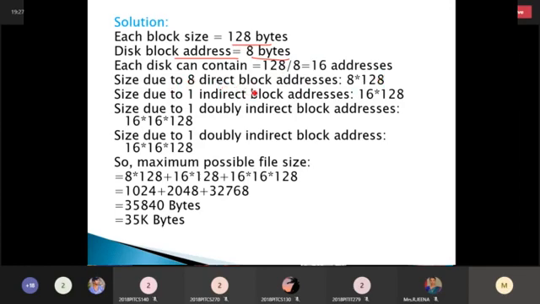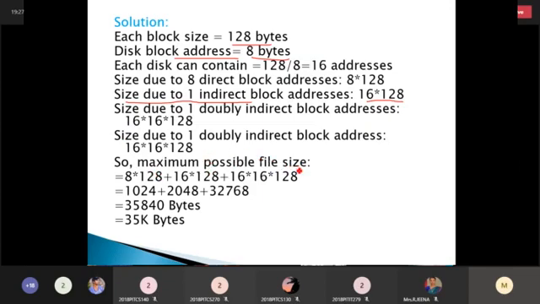So the size due to the 8 direct block addresses will be 8 into 128. The size due to 1 indirect block address will be 16 into 128. And the size due to 1 doubly indirect block address will be 16 into 16 into 128.